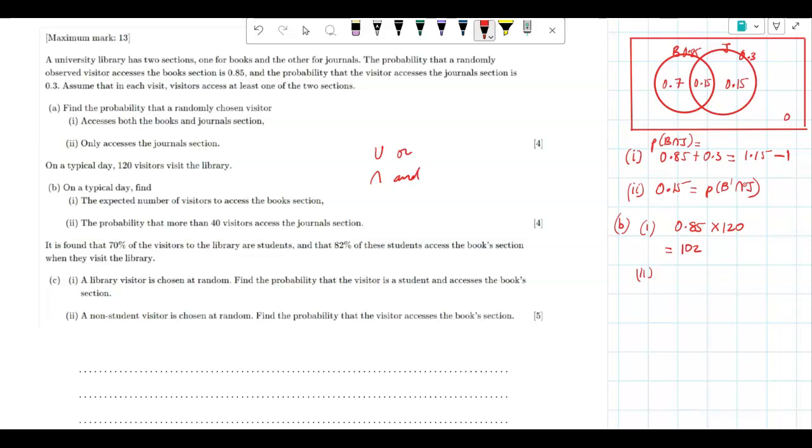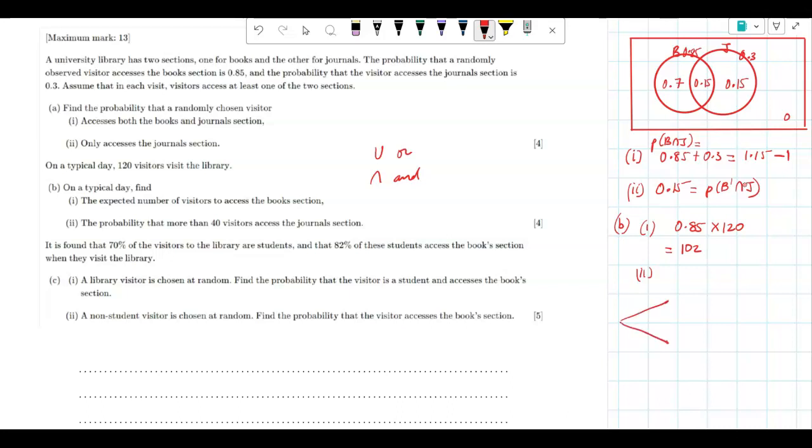It is found that 70% of the visitors to the library are students, and 82% of the students access the book section when they visit the library. A library visitor is chosen at random. Find the probability that the visitor is a student and accesses the book section. So 70% are students.